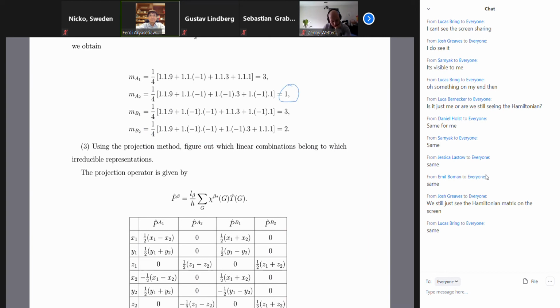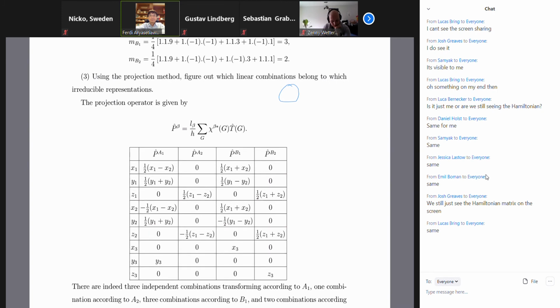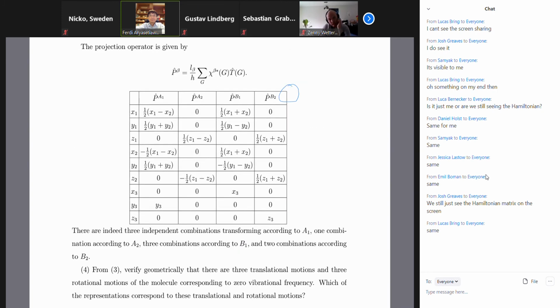And for B1 we should get 3. So let's check that. B1, okay. So yes, there are 3. So x1 plus x2, y1 minus y2, and x3.